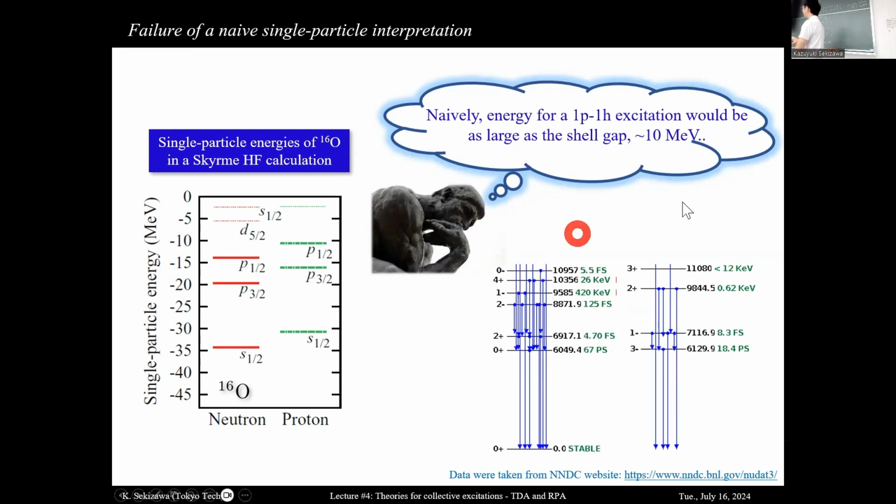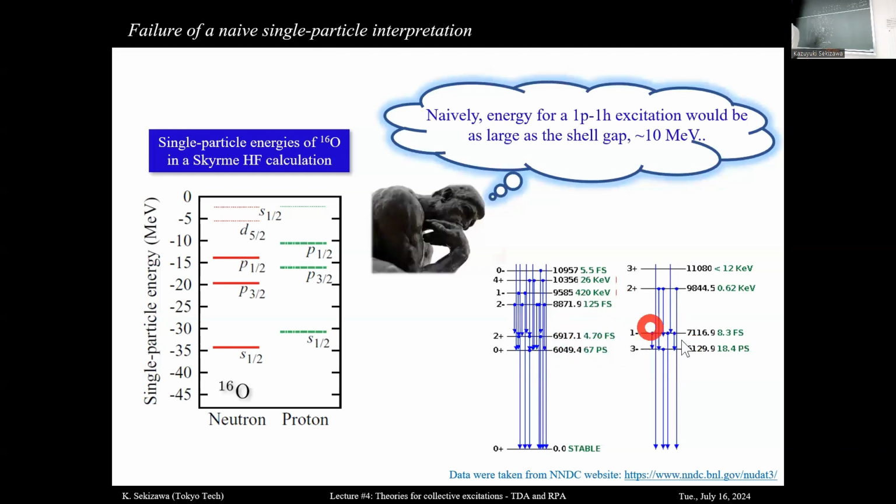And this is experimental data taken from this web page. It shows the ground state, 0 plus, and there are excited states. And those lines indicate some decay modes, gamma rays. As you can see here, there are some states at 6 MeV or 7 MeV.